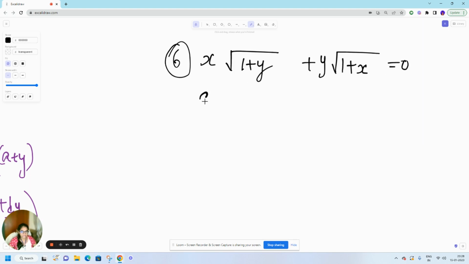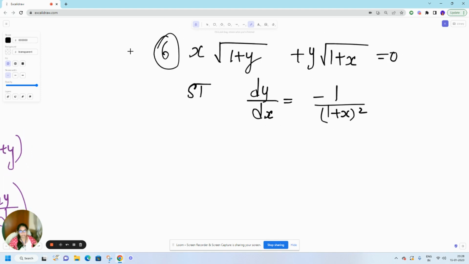They are asking us to show that dy by dx is equal to minus 1 divided by 1 plus x the whole square. So yes, I can apply directly the derivative formula. I can apply product rule here. Yes, so let me try to simplify the question first.